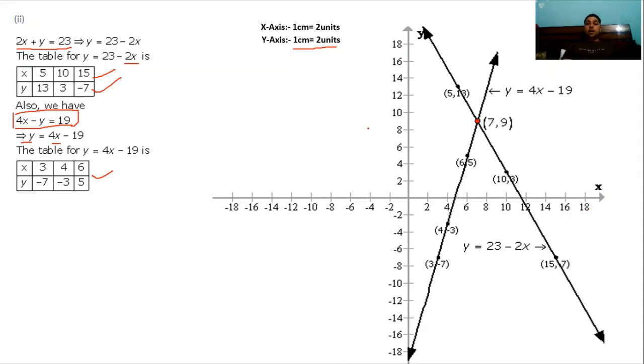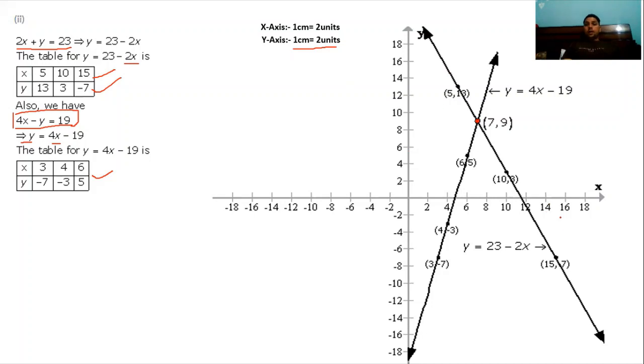So to represent the maximum number on the graph paper, we can change the scale factor. If more numbers are there, then we can also change the scale factor to 1 centimeter is equal to 5 units. It depends on the question how we are going to take the scale factor. Now first plot the graph for the first equation, then plot the graph for the second equation.